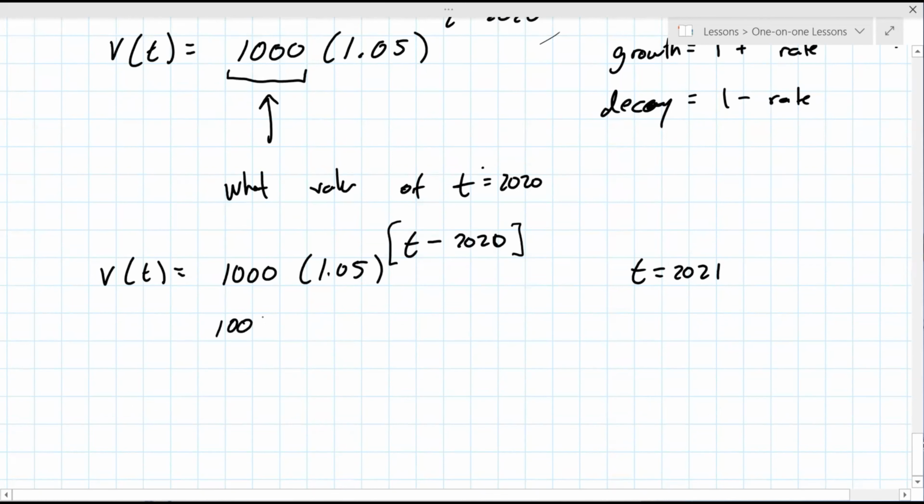It's 1,000 times 1.05 to the power of 1. Right. That's what I was trying to ask earlier, but I just couldn't figure out how to word it. So you would multiply 1,000 times 1.05. Yes. Okay.